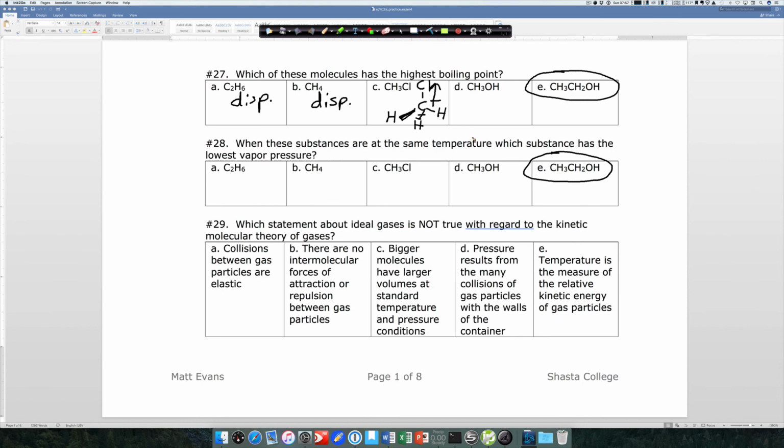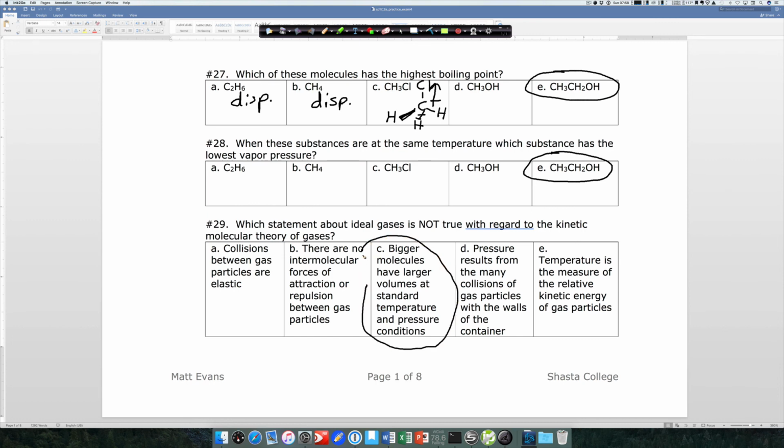Which statement about ideal gases is not true with regard to the kinetic molecular theory of gases? I'm just going to go through these. Collisions between gas particles are elastic. We assume that, so that's true. There are no intermolecular forces of attraction. That's true for sure. Bigger molecules have larger volumes at standard temperature and pressure conditions. This is false.